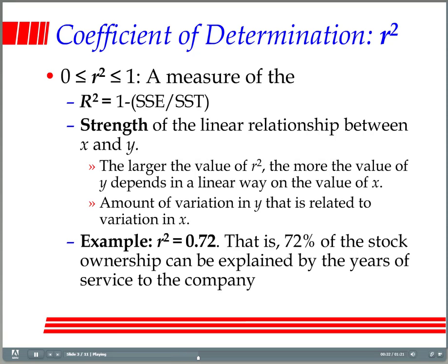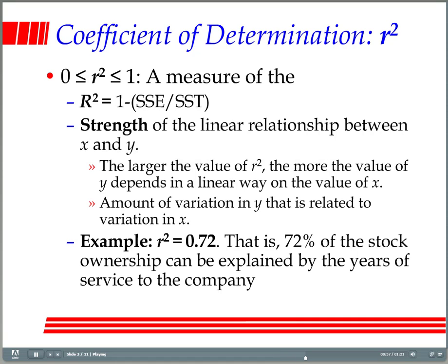R squared with a capital R usually refers to multiple regression, which will be covered in another part. But it also shows the strength of relationship between x and y, and is more of an indication of what proportion of the variation is explained by the relationship between x and y.